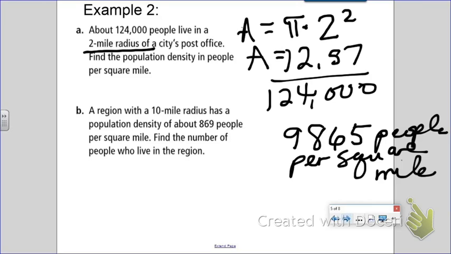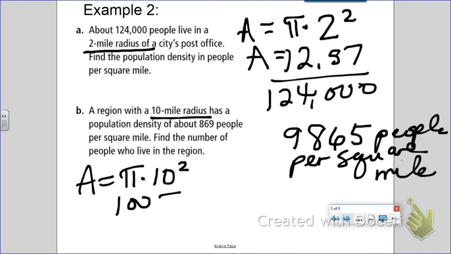The next one, we have a 10-mile radius, with a population density of 869 people per square mile. Find the number of people who live in the region. So on this one, we're going to multiply. First of all, find the area, which is pi times 10 squared, which is 100 times pi. 100 times pi is going to equal 314.16.